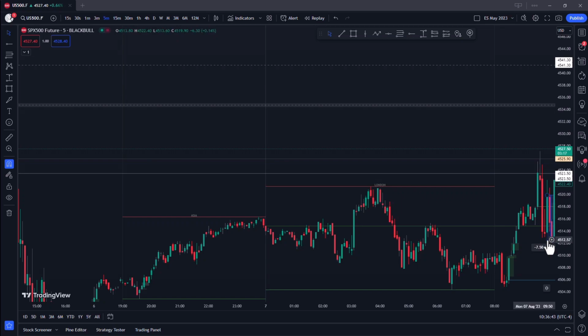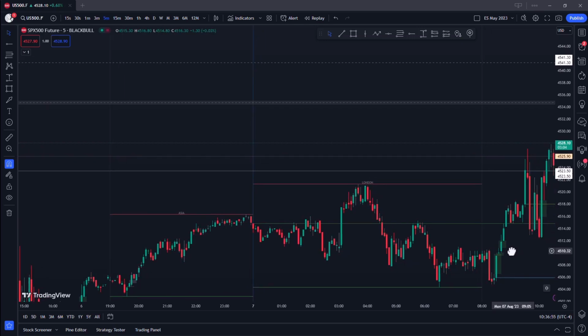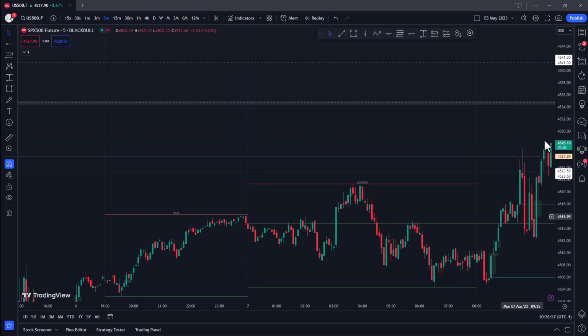So I would have taken off my majority at 5 handles, and with a 21 lot or even 14 lots position, that would have made me more than enough for the day. So of course price decided to continue making new highs, as we are making new highs right now.